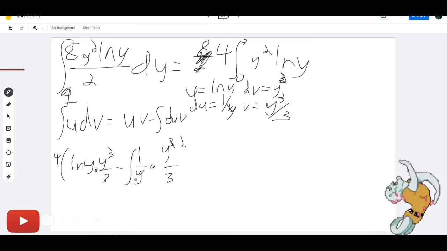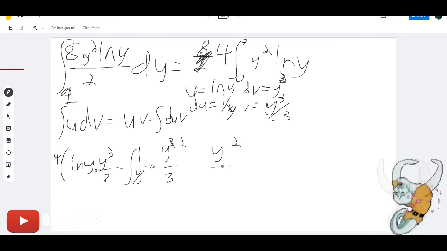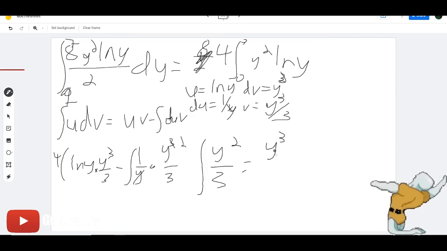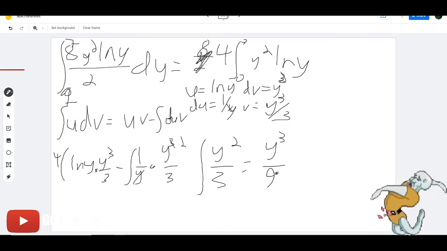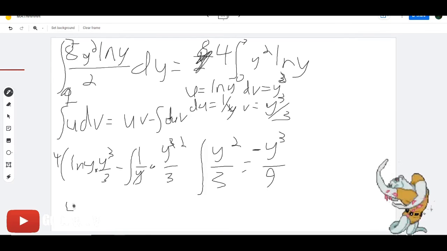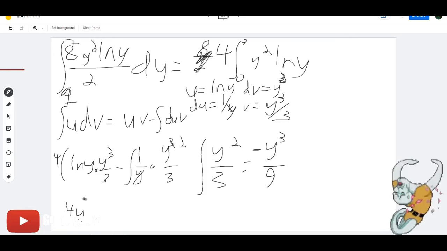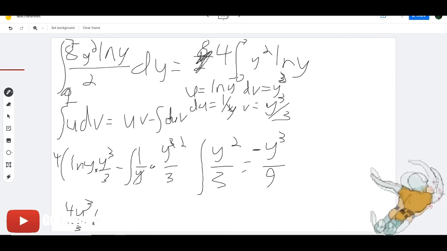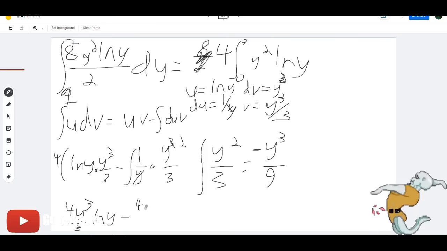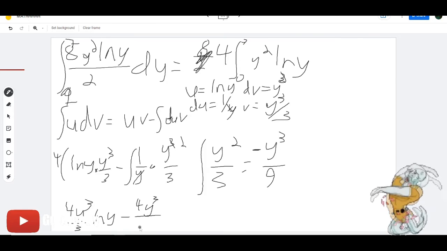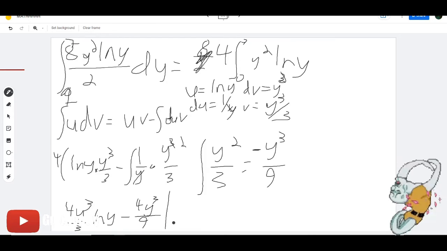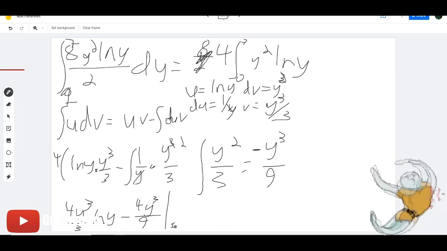This simplifies to y squared over 3, and that integral is equal to y cubed over 9. So this all becomes 4 times y cubed over 3 times ln y, minus 4y cubed over 9, and then we evaluate this from 1 to 7.